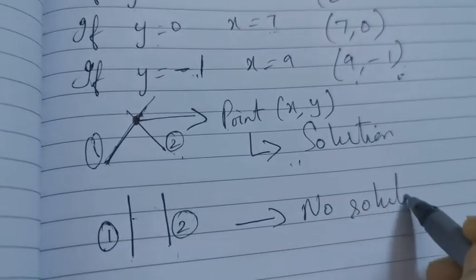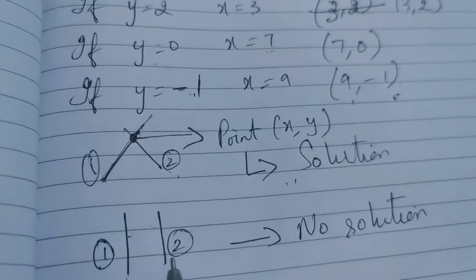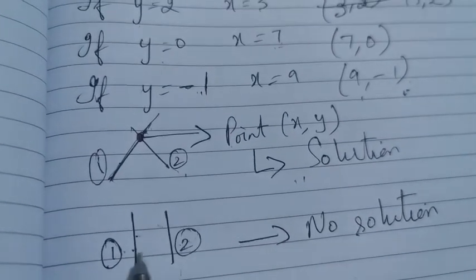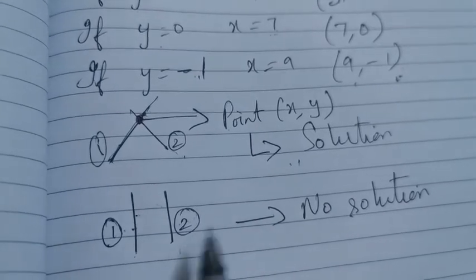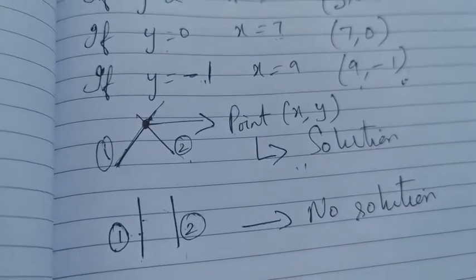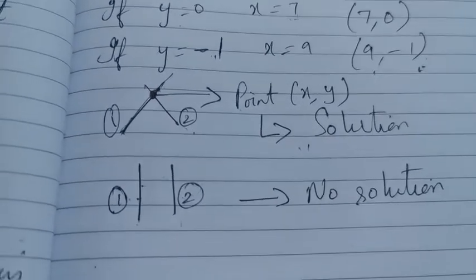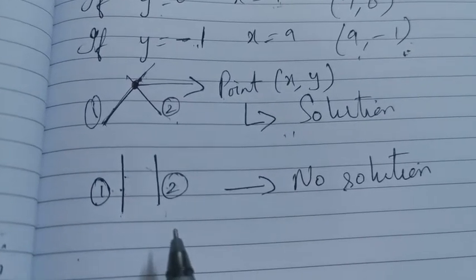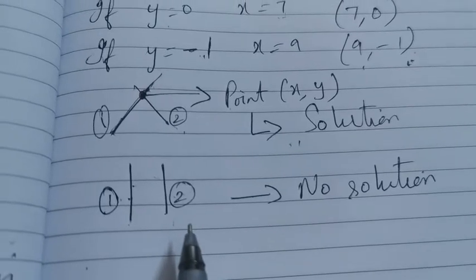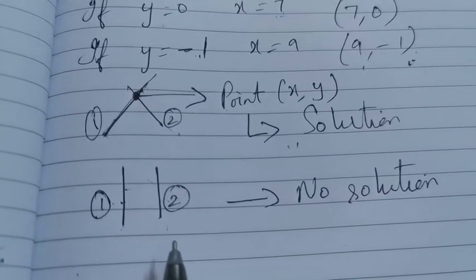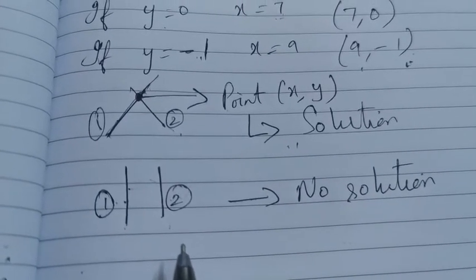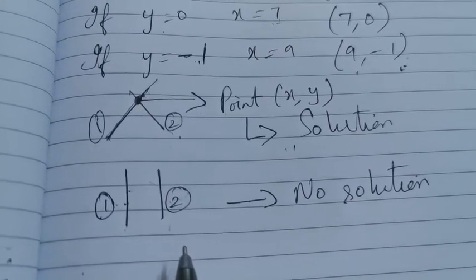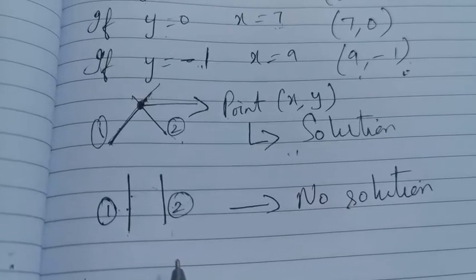When 2 lines don't meet and if they are parallel, parallel lines will never meet. That means you have no solution for that set of equations. You will understand it better when we solve it on a graph sheet. So here I will show you an example by plotting points on the graph sheet and finding the solution.